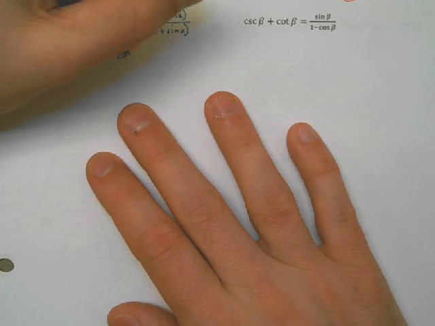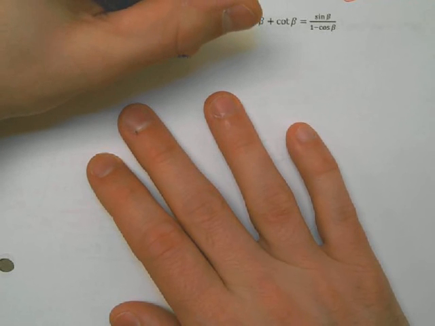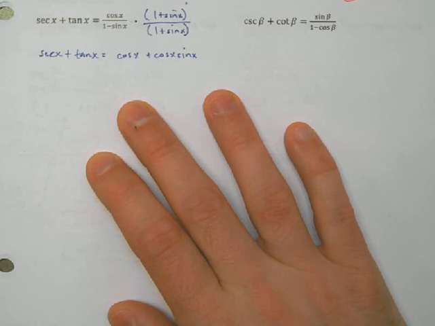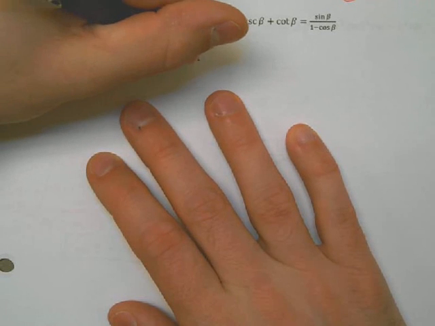Now I have secant x plus tangent x is equal to the top, cosine plus cosine sine. The bottom is now cosine squared. Glad I wasted all that space.